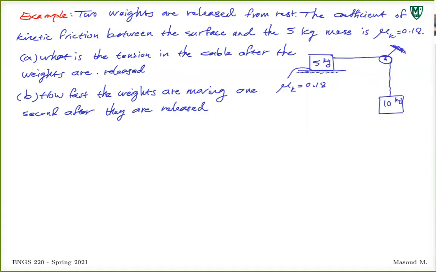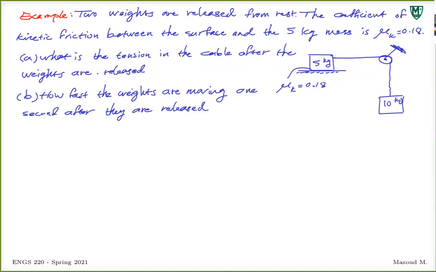I probably overcomplicated that. Just because they're attached, you can think of it as they move together and have the same acceleration and velocity. That's what we are going to use to find what we're asked to find.